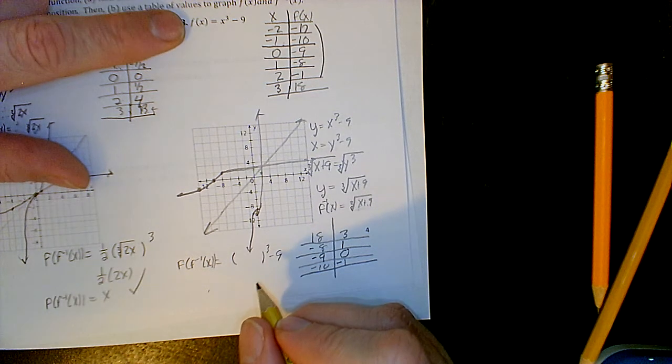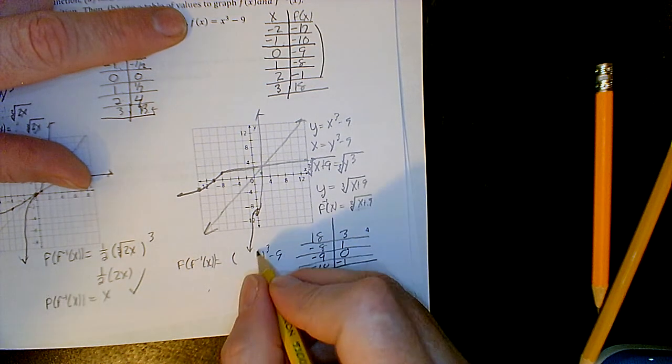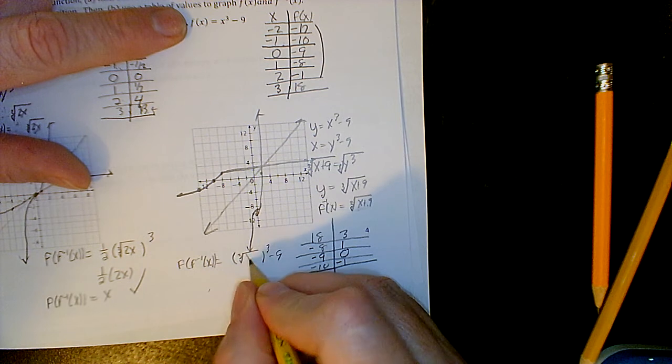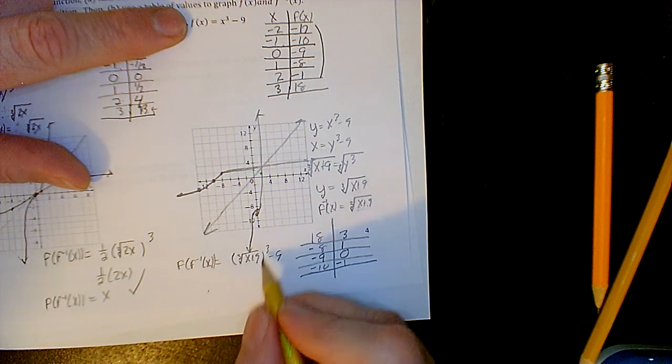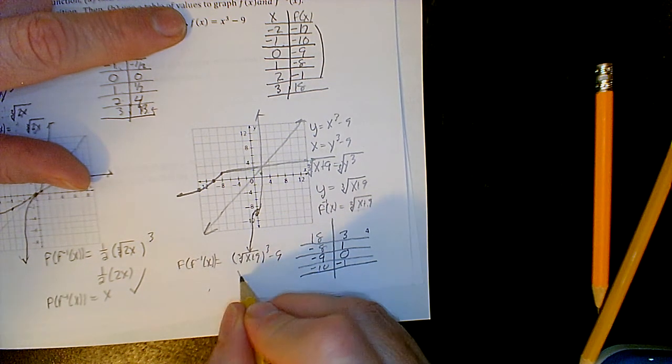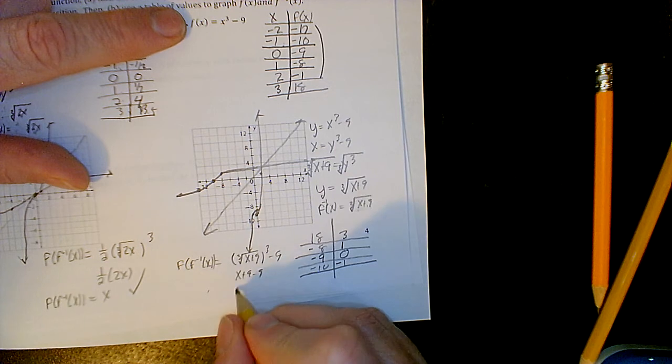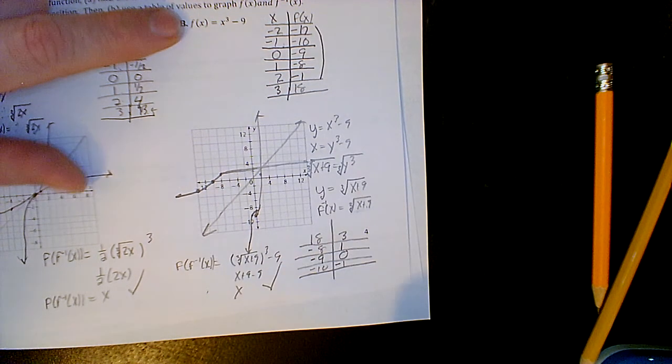We write that without the x up here. And now we're going to plug in the cube root of x plus 9. It's kind of obvious that it's going to work. These guys cancel out, and I get x plus 9 minus 9, which gives me just x, and it is in a cube root.